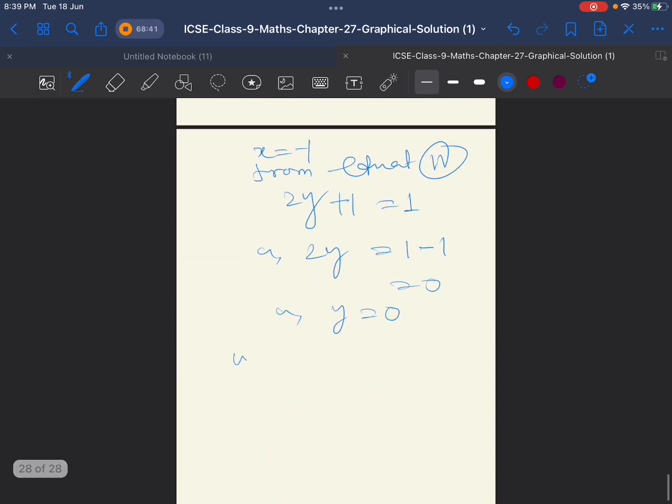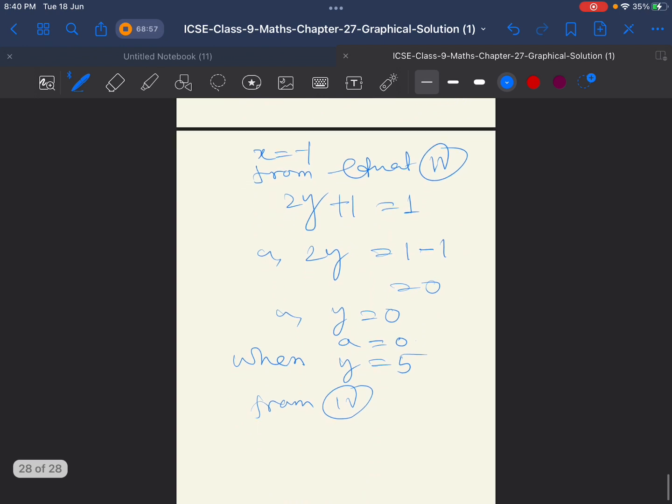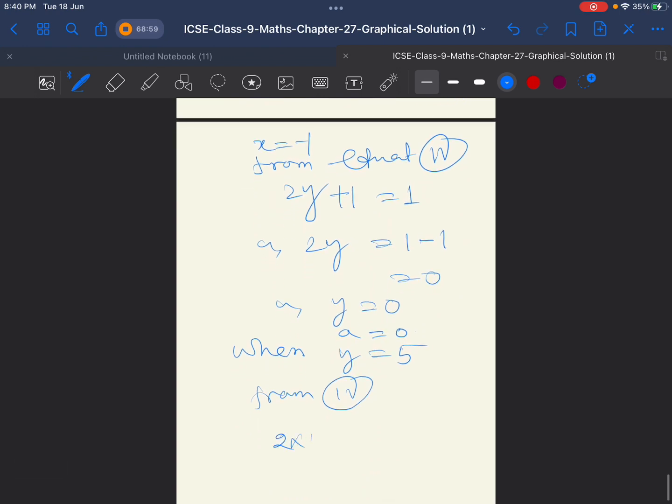So when x equals minus 1, y is 0. The value of a is 0.